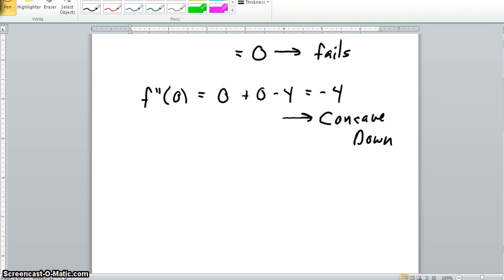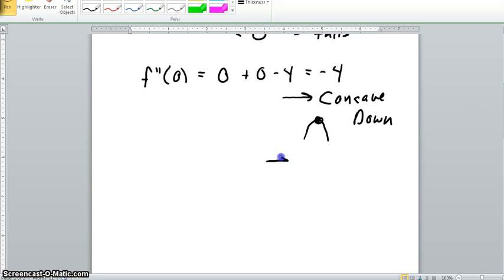And if I have a local max or a local min, in order for it to be concave down, that would have to correspond to a local maximum. So that tells me that I have a local max at x equals 0. Of course, you could go find the y value there, but the important information is that we know that that's a local max.